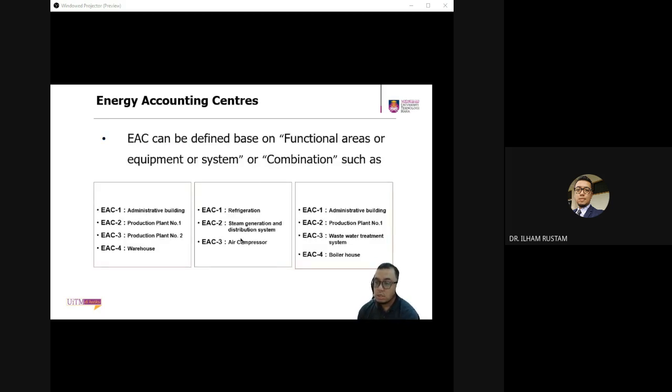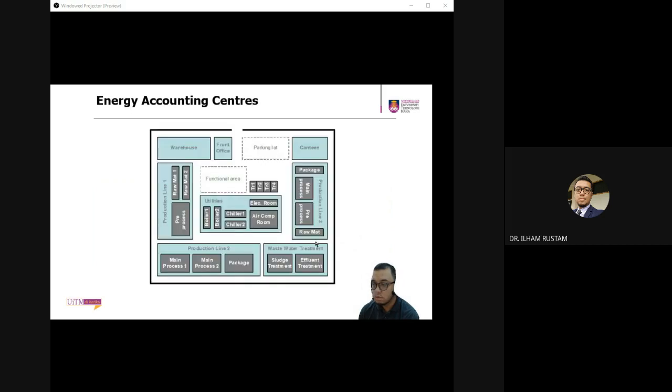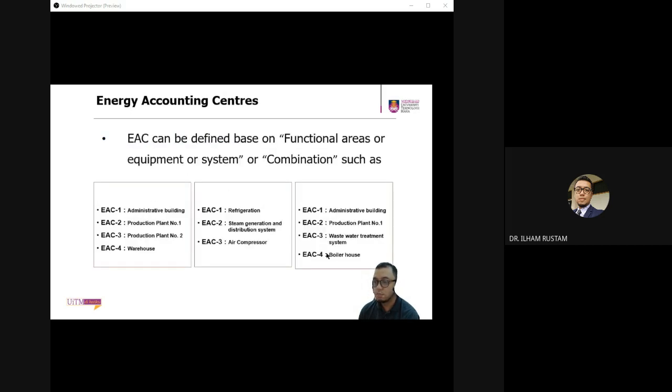In this case, this is a system, but you can also make it functional, a combination of which, let's say, for example, wastewater treatment and system. Sorry, what's the difference between this and the wastewater treatment? I think it's the same. This area here is almost the same as this one.